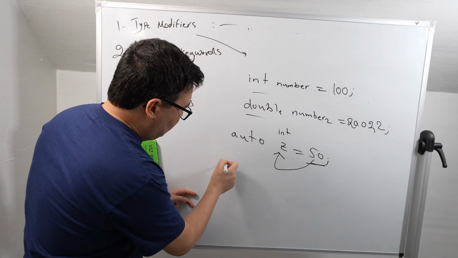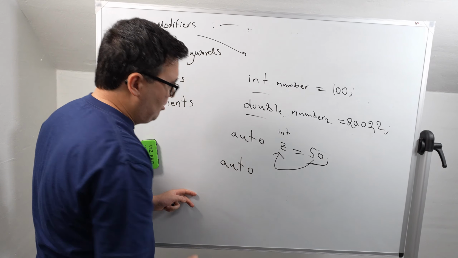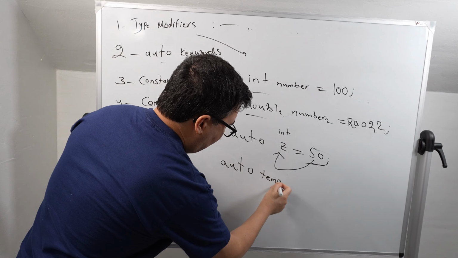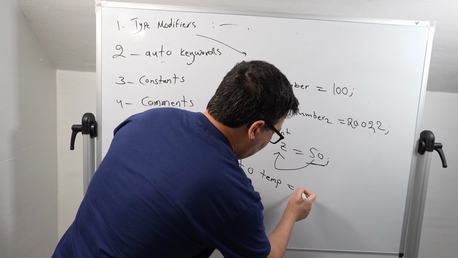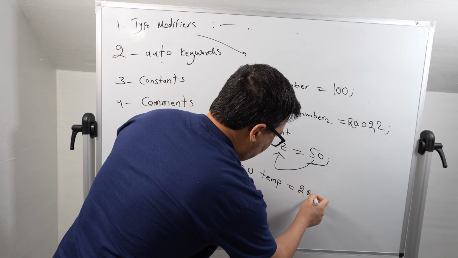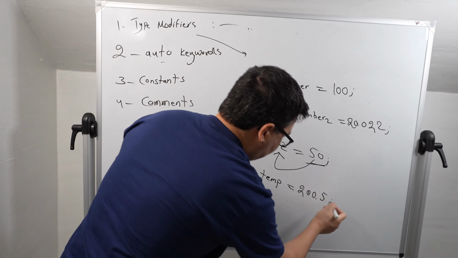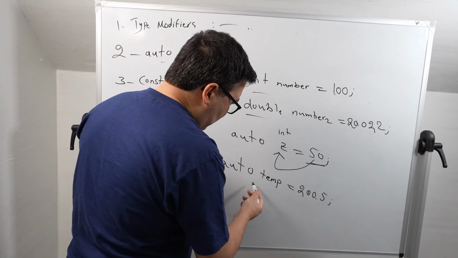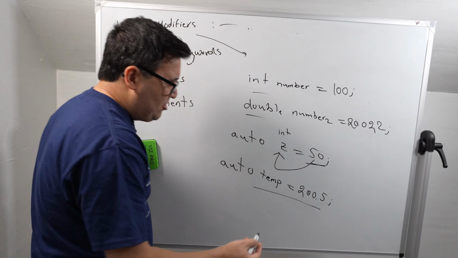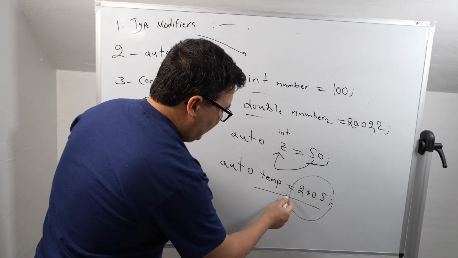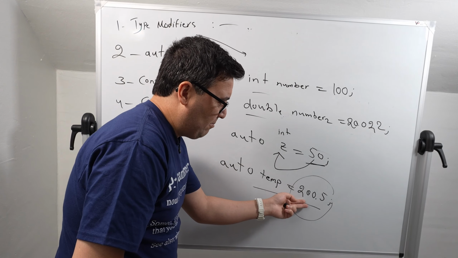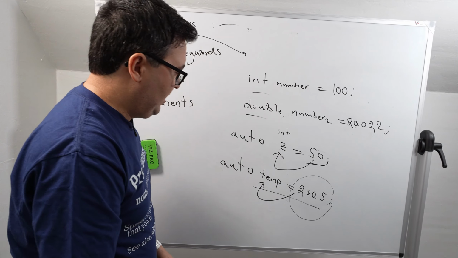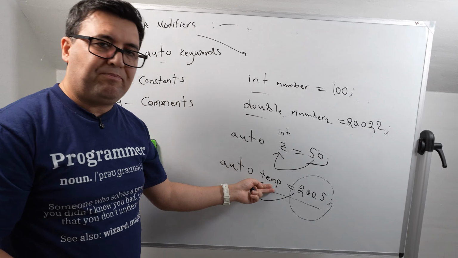If we define another variable, auto temp equal to, like, 200.5. Once the compiler comes and sees this line, it checks the value of those variables, and it says this is a floating point number, a double, so the type of this variable is automatically defined by the compiler as double.